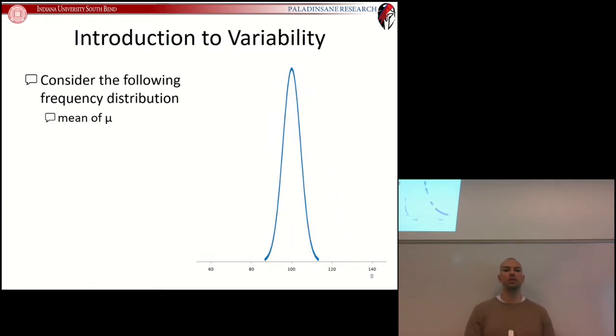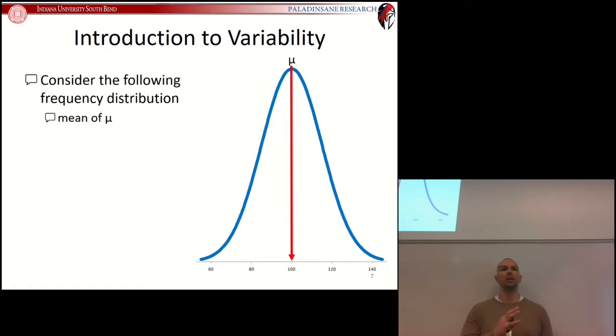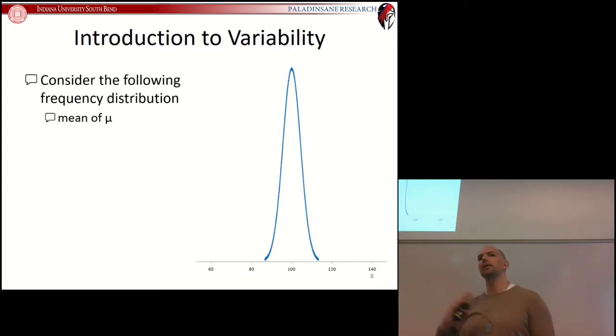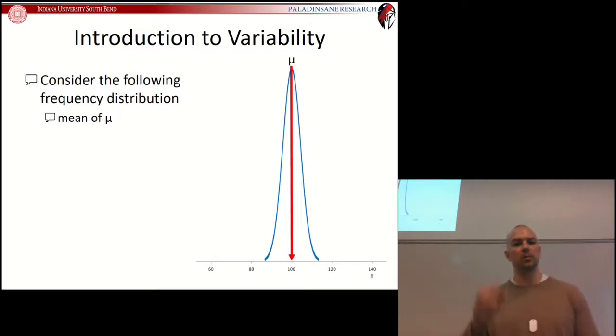Some distributions can be really wide, meaning that the scores in that distribution have a wide range of values. You see we go anywhere from 60 all the way up to 140 for this set of scores. But for another set of scores, maybe not such a wide range of values. These ones only go from 90 to 110. Same mean in each case, same population mean.